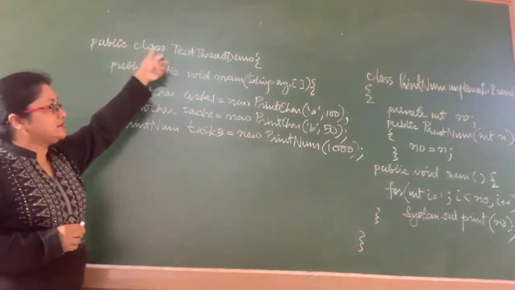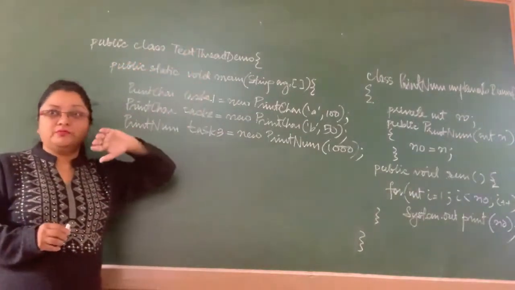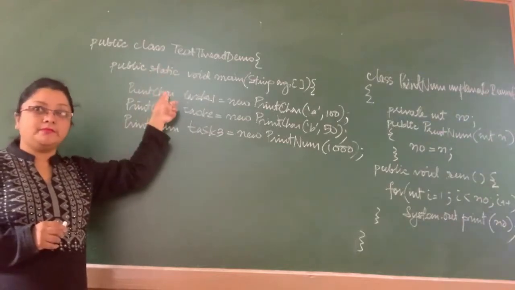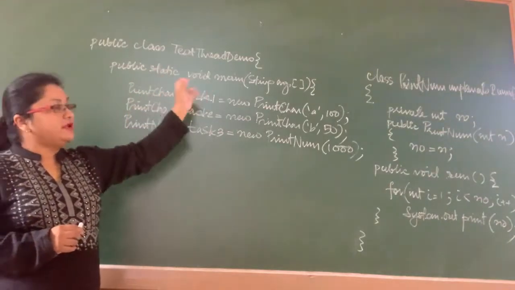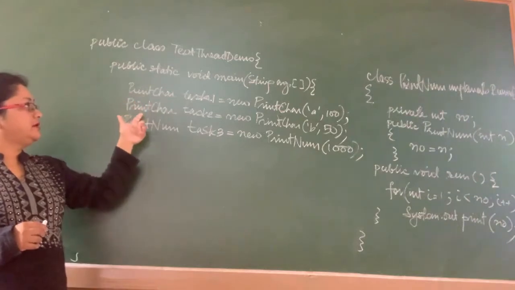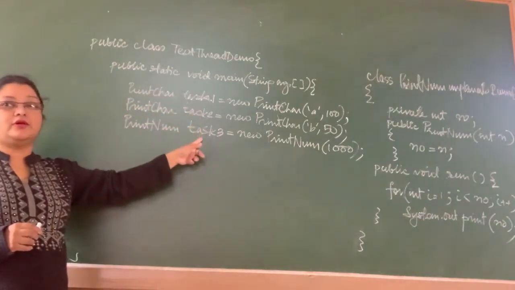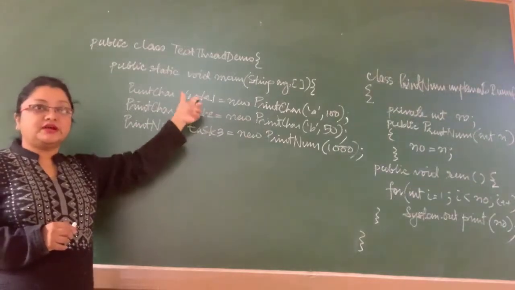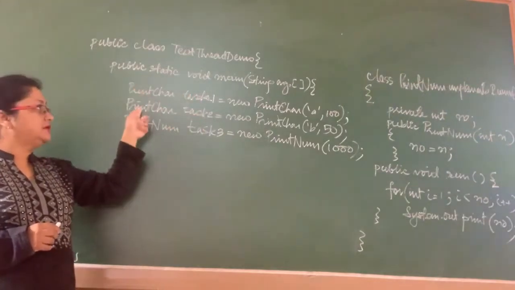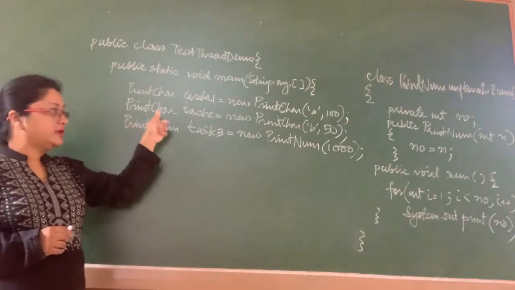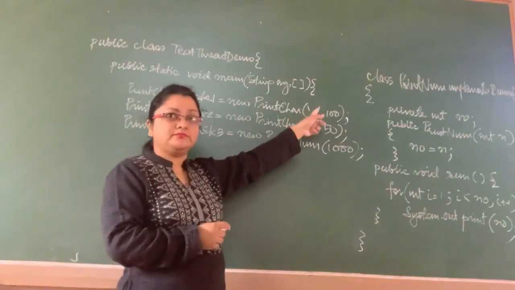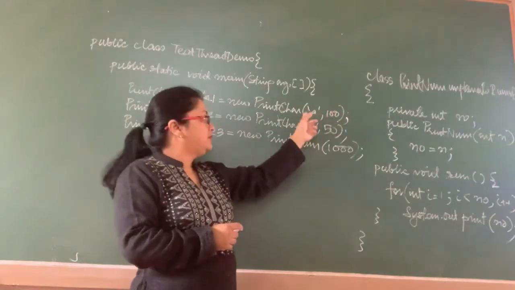Here you can see a class called TestThreadDemo. This is the tester class, and here I have a main function. In the main function, we have created three task objects: task1, task2, task3. Task1 and task2 are objects of the printChar class, and the constructor takes which character to be printed and how many times.